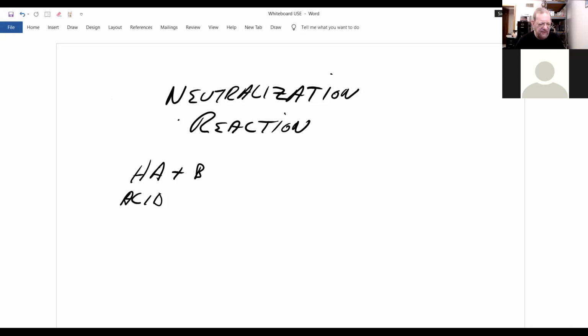Remember, acid, proton donor, base, proton acceptor, and you have an equilibrium, and you get a salt. And these together make a salt, just like Na plus Cl minus make a salt, NaCl.